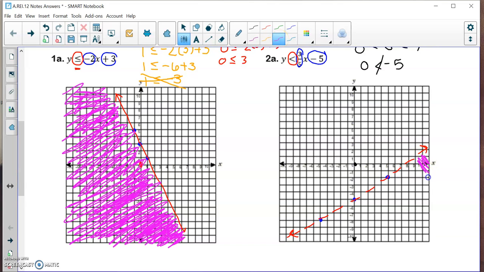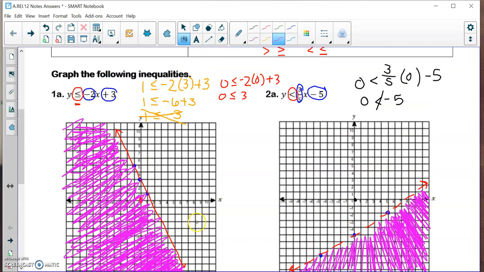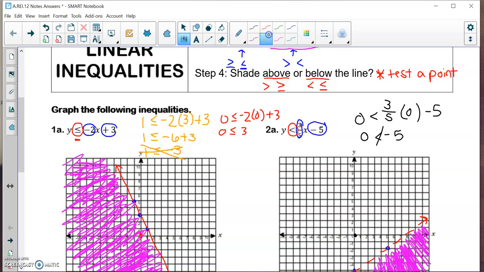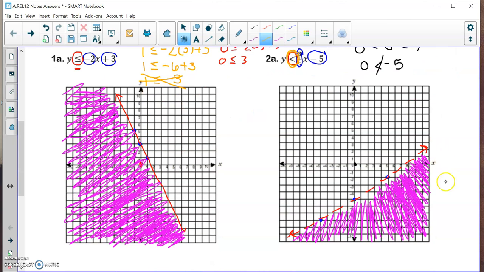And so we want to shade on the other side of the line. We don't want to shade towards the 0, 0 because 0, 0 turned out not to be a solution. That's one way that you could have shaded, or you could have noticed that your inequality symbol is a less than, and a less than symbol means we shade below our line, like we did here.